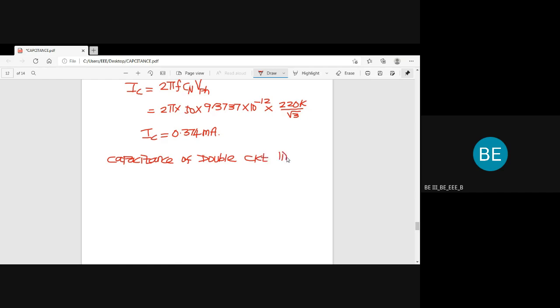Yes, we know the difference between a single circuit and double circuit. In a double circuit, we have two conductors per phase. So this is the diagram we are going to consider.